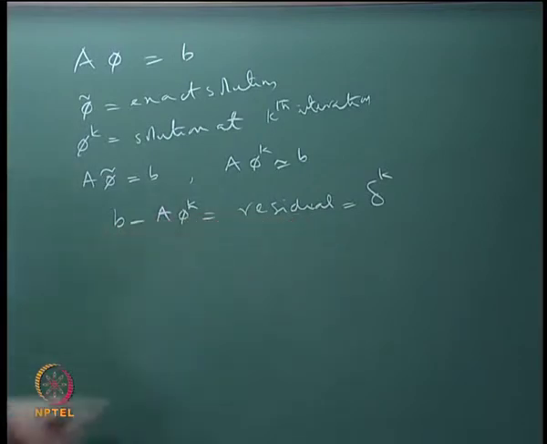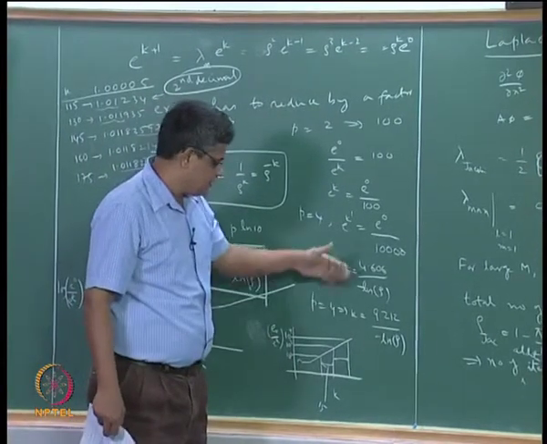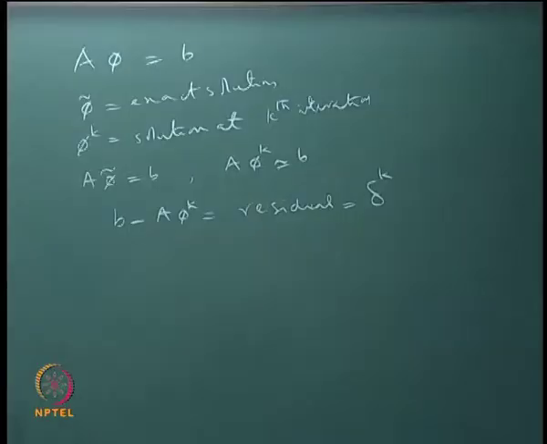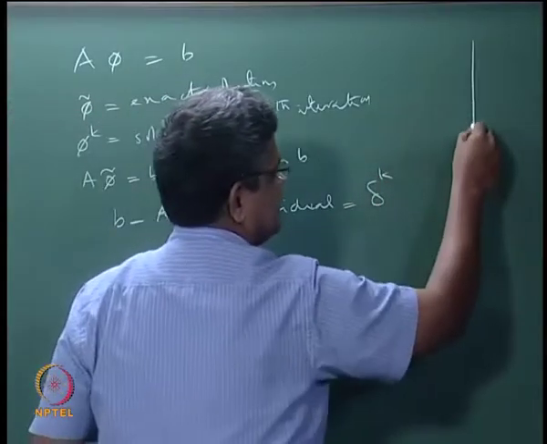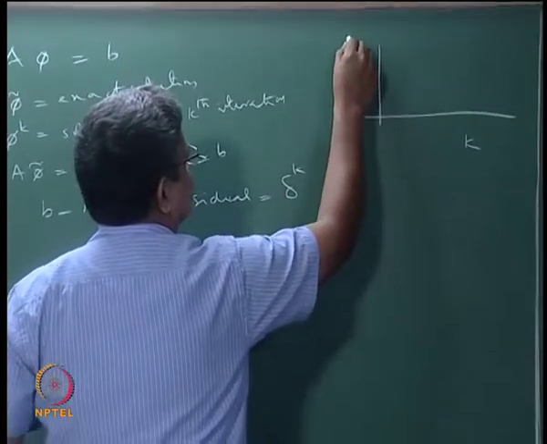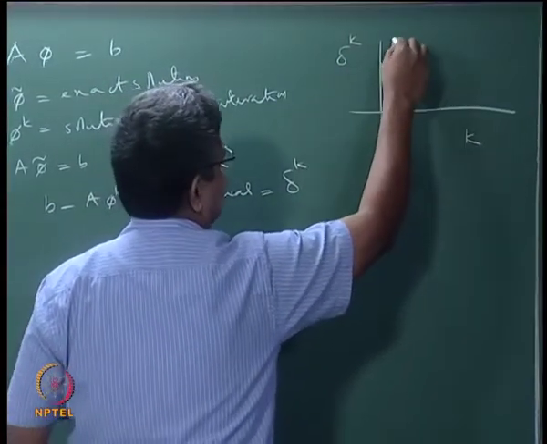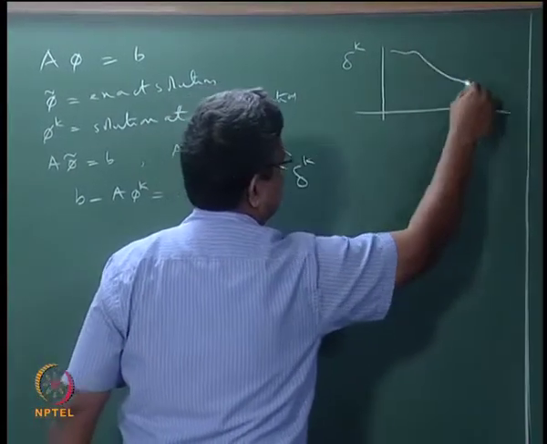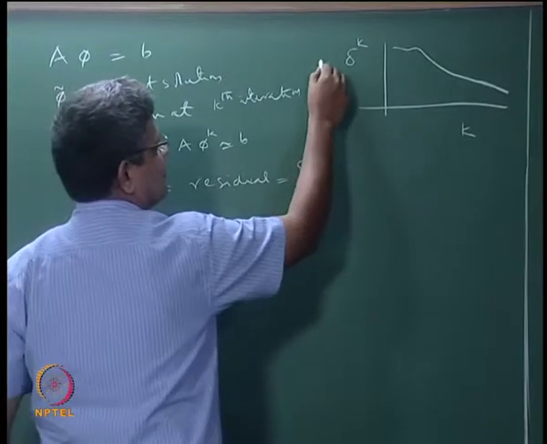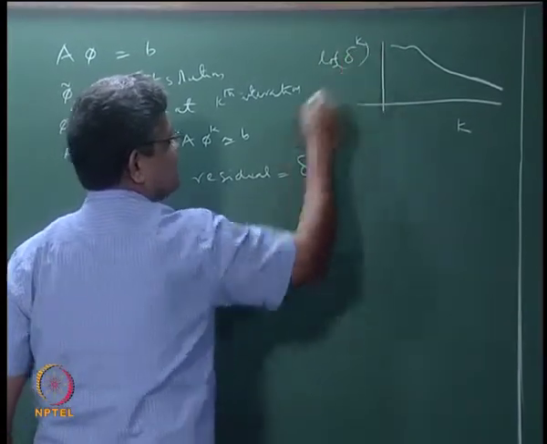That residual, when plotted against k, would show a variation which for a convergent scheme would be decreasing at a constant rate when you plot it on a log scale.